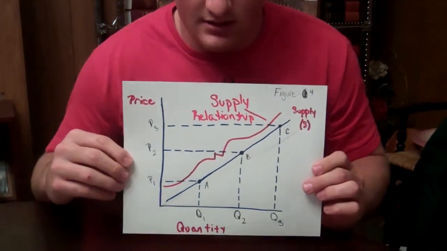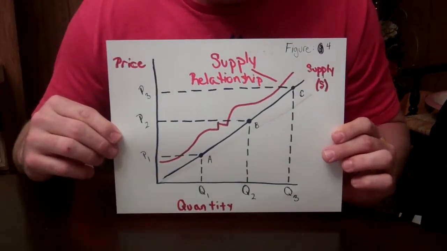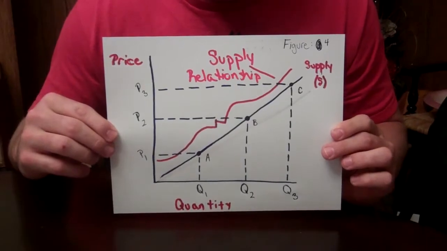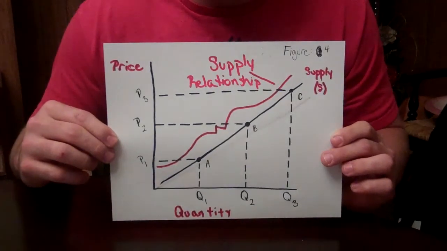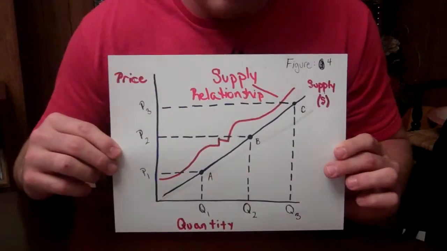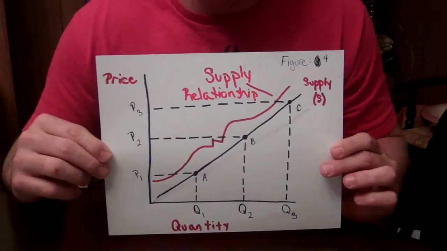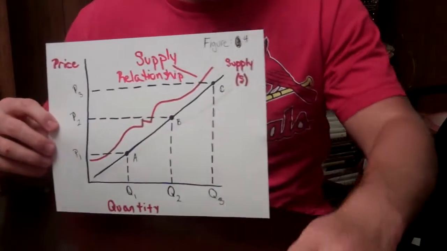A, B, and C are points on the supply curve. Each point on the curve reflects a direct correlation between quantity supplied, which is Q, and price, which is P. At point B, the quantity supplied will be Q2 and the price will be P2, and then so on.